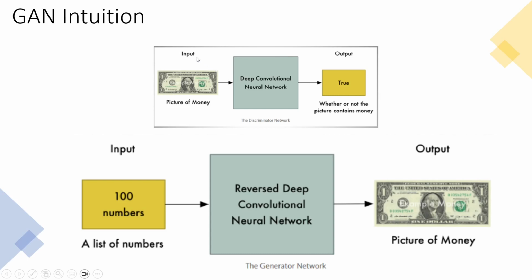In the convolutional neural networks, we give the picture of a monkey, ask the convolutional neural network whether this is a monkey or not, and it says whether that's true or false. With the GANs, the problem is the other way around. We basically give random numbers to our generator network, and the output of the network is basically the picture of a monkey. Okay, that's basically the very, very basic intuition behind the GANs.